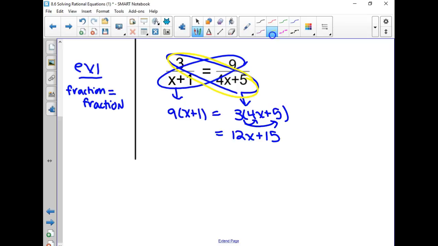Go slow enough. I see more errors when people skip that step. Okay? The next thing is I have that 9 times x plus 1. And again, some of you can do that in your head knowing that that's 9x plus 9. Now, you guys have done algebra before. I want you guys to solve for x there if you haven't already.